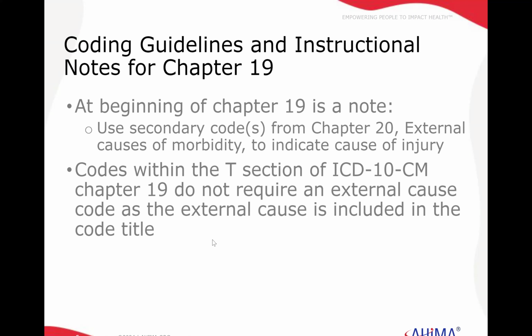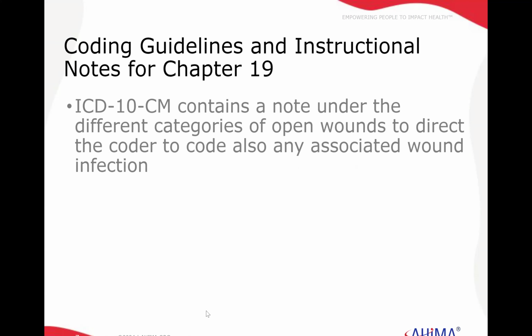The codes that fall within the T section of ICD-10-CM chapter 19 do not require an external cause, as the external cause is already included in the code. ICD-10-CM contains a note under the different categories of open wounds to direct the coder to code any associated wound infection.